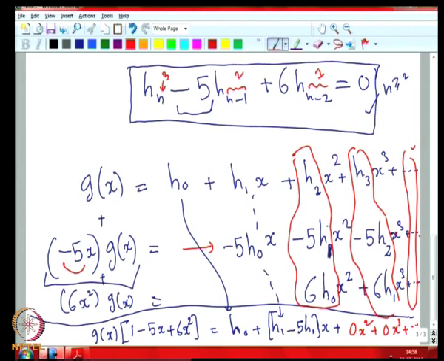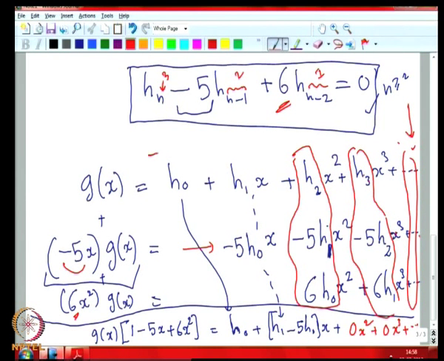And what will be below, because we multiply by 6x square here, so it was pushed 2 steps towards the right. So in the column of x raised to n, we will see hn minus 2 into the 6, into x raised to n. If you collect all the coefficients of x raised to n column wise, what will you see? hn minus 5 hn minus 1 plus 6 hn minus 2, in general. So that will always be 0. So from now onwards there will not be anything.